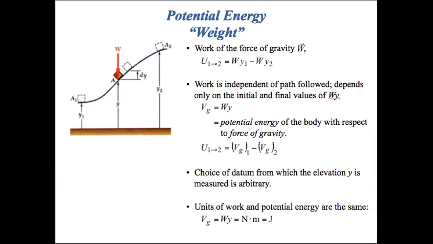The choice of datum from which the elevation y is measured is arbitrary. As you can see, the work is independent of the path followed and depends only on the initial and final values of W times y. The units of work and potential energy are the same: Newton meter, or Joule.